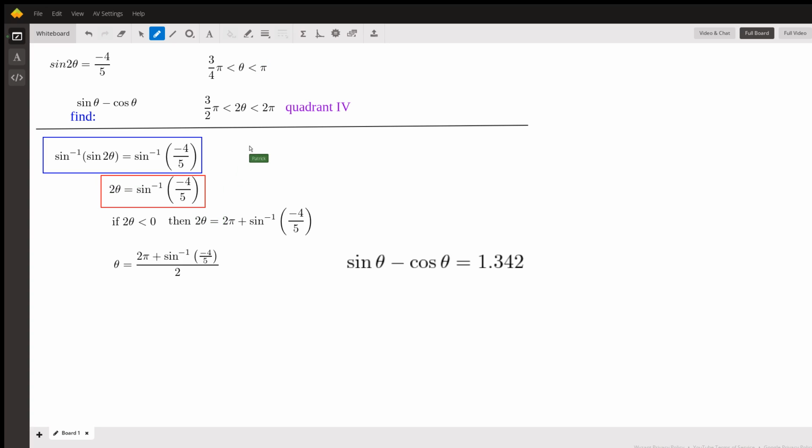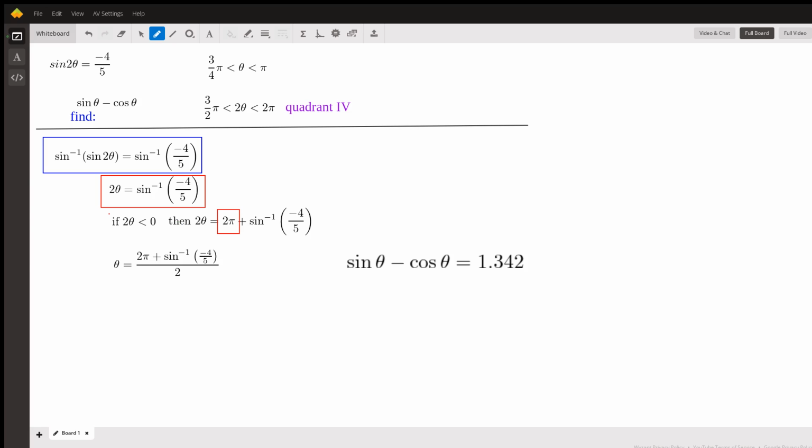Now this is the domain, fourth quadrant, so we want to change to a positive. If you get a negative for 2 theta, then what you want to do is cycle back through again, which means adding 2 pi. That'll bring it to a positive.